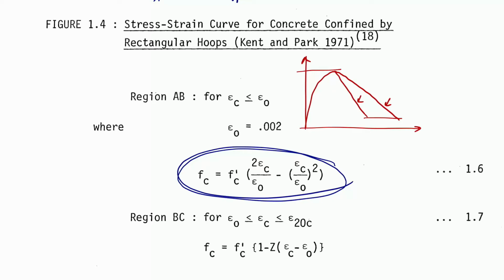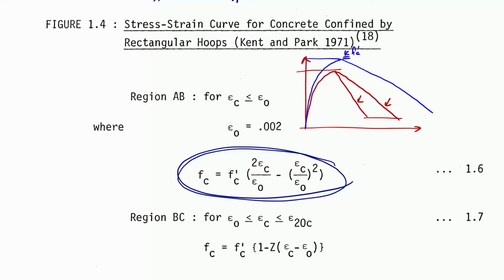Later on there was a proposal to upgrade the Park and Kent model to a new one. The new one is bigger than this one, so over here it is K times f'c.